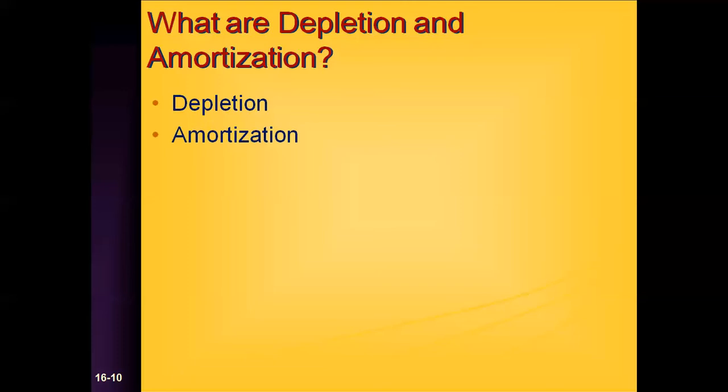Depletion again relates to things like oil wells, where you may have an expected production of a particular number of barrels that would be produced from the oil well. Let's say 1 million barrels over the life of a particular oil well, and so therefore you would use the units of production method.